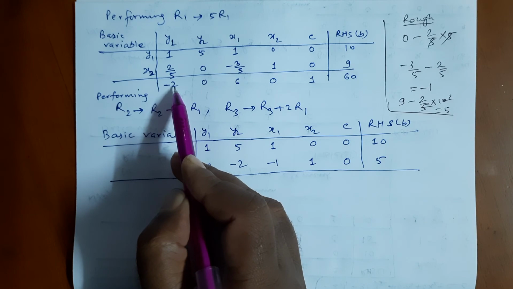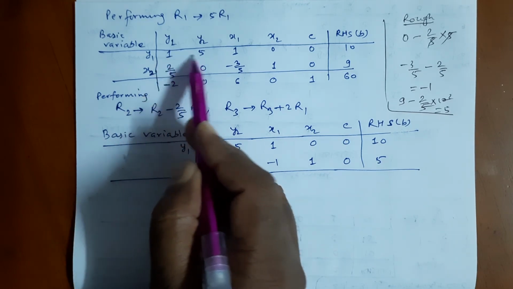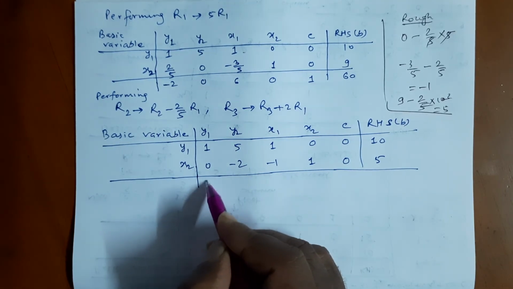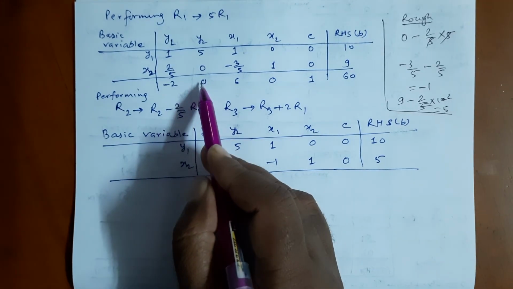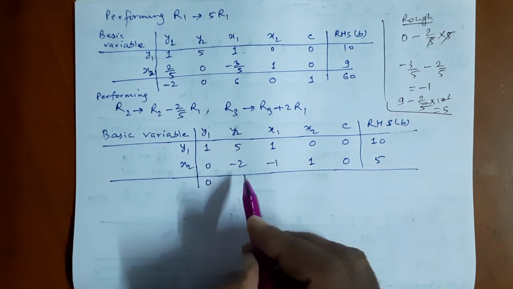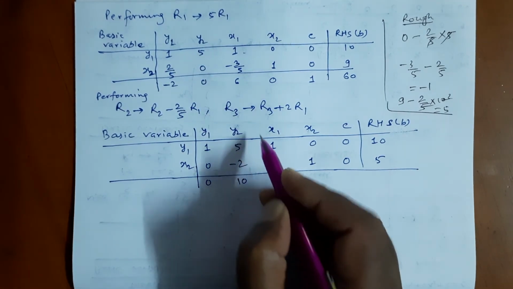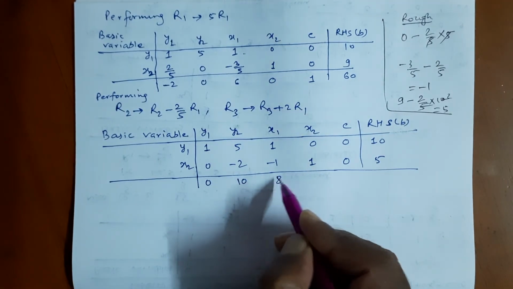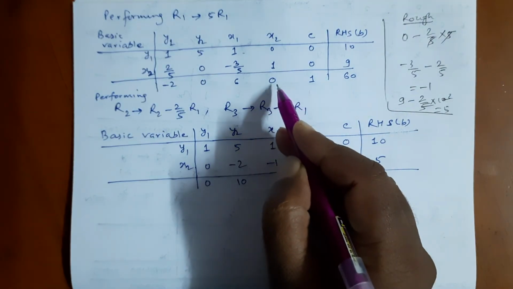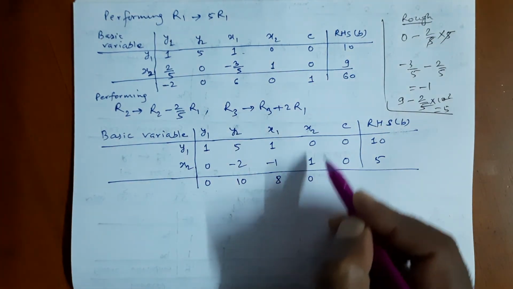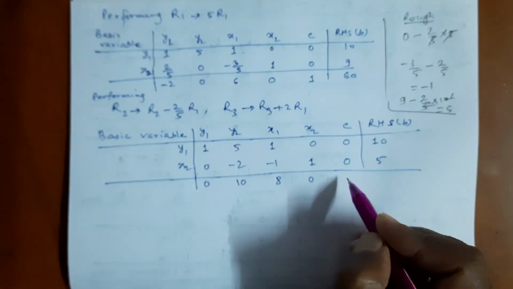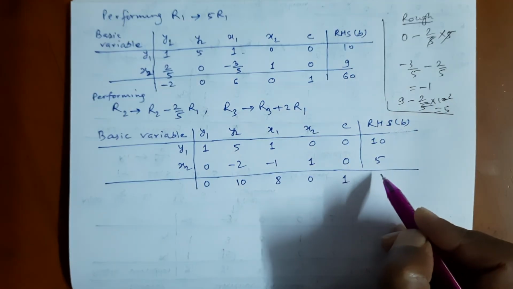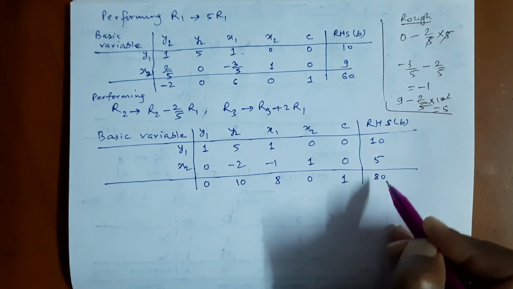In R3 we add twice row 1: minus 2 plus 2 times 1, that will be 0, and 0 plus 2 times 5, that will be 10, 6 plus 2 times 1, that will be 8, and 0 plus 2 times 0, that will be 0, 1 plus 2 times 0, that will also be 1, 60 plus 2 times 10, 60 plus 20, that will be 80.